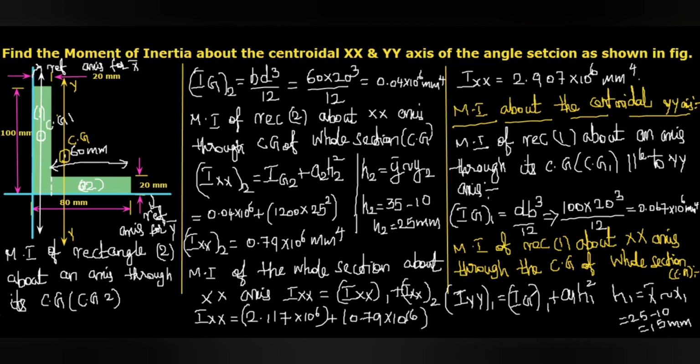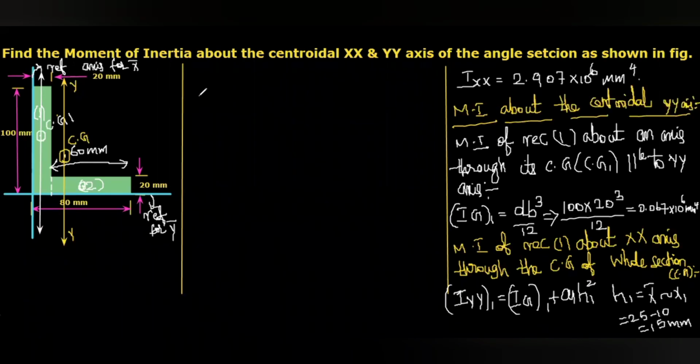And then IG1 we calculated, and A1 also we know. So substitute all the values here, then we can get the value of IYY1, the moment of inertia of the first rectangle about the YY axis. This is not XX. The YY axis passes through the CG of the whole section.